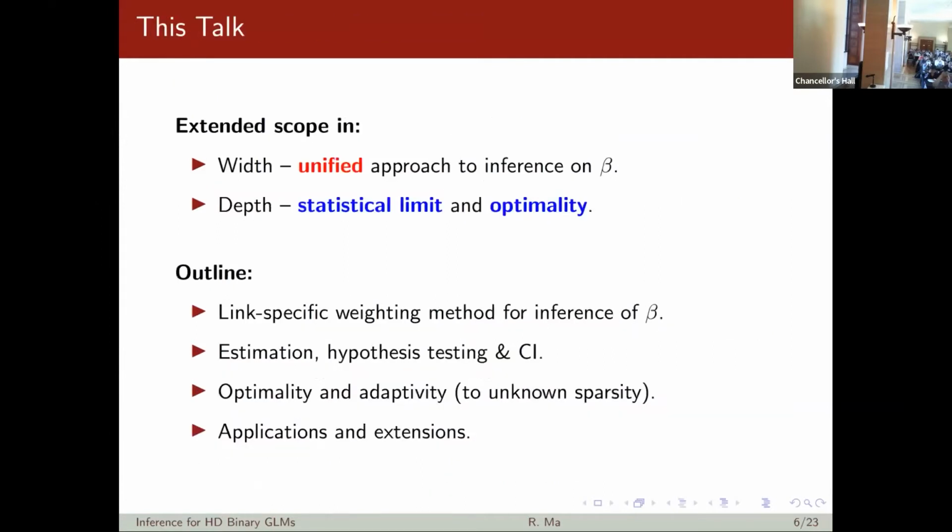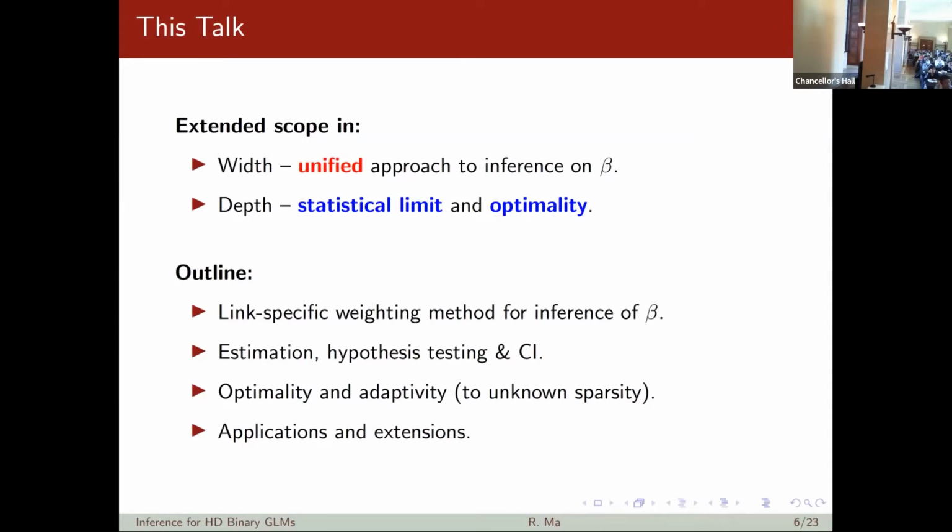For today's talk, I would like to discuss some of our recent developments in these inference problems, which hopefully extend the scope of the current research in the following 2 aspects. First of all, most of the current work considers only one special case in that class of binary GLMs, notably logistic regression.